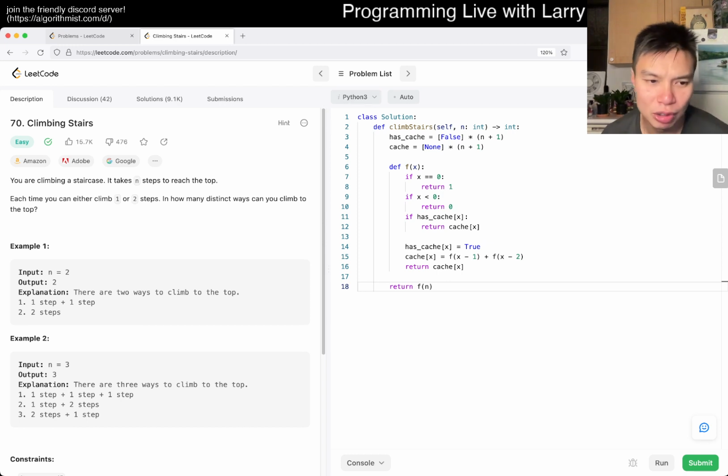If you haven't done this problem before, the idea with memoization, as I always say, is that you're given a function that always gives you the same answer. So then you just put it in a cache so that you get it out later, right?